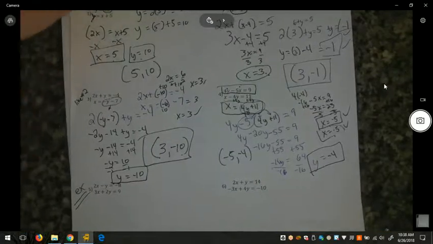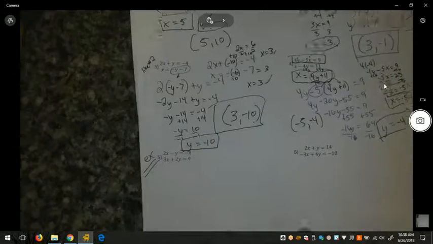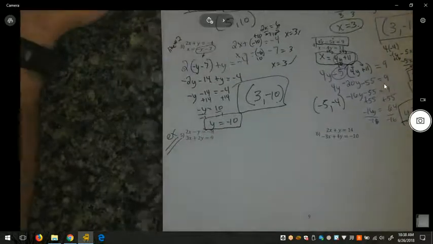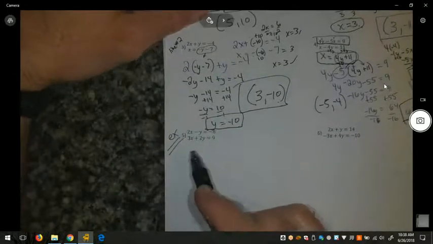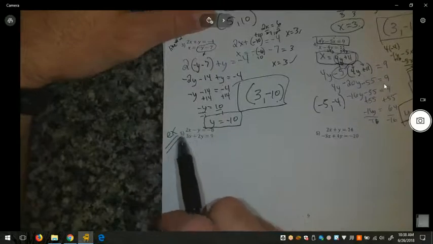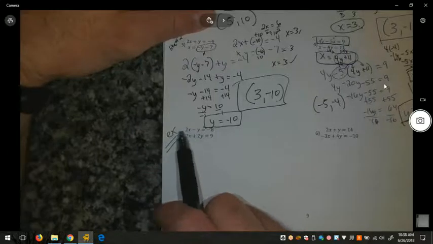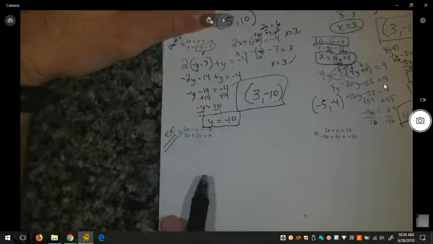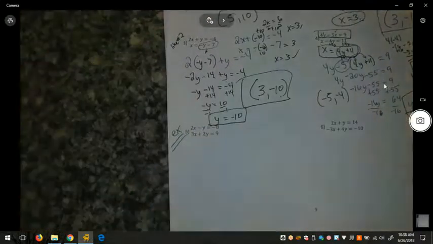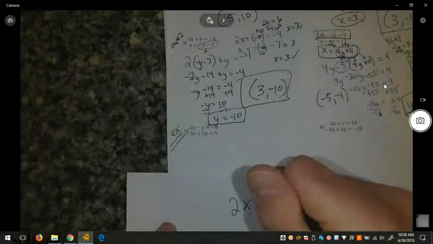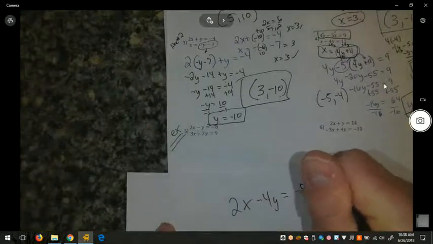Let me give you an example for number 5 before you try number 6. In this problem, I could easily get this variable by itself. Now, if they all had coefficients, let me give you an example. Let's say this was a 2x minus 4y equals -8.